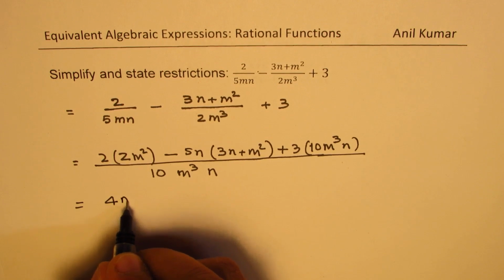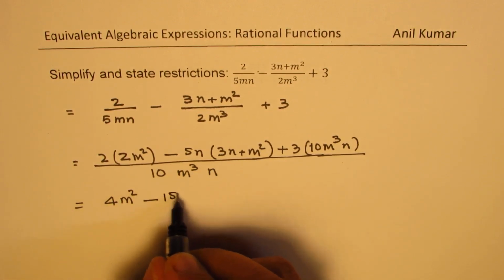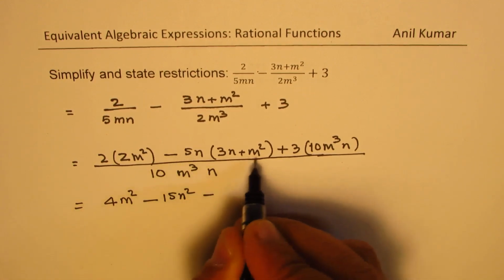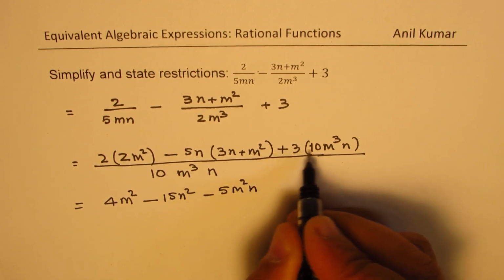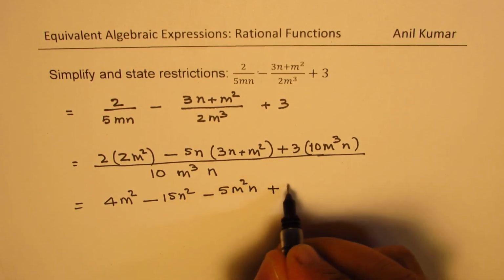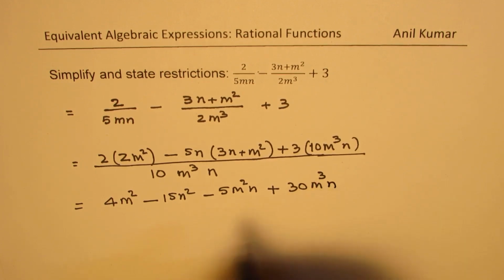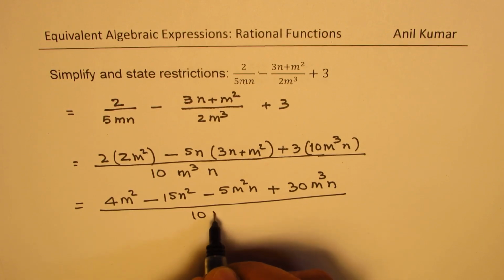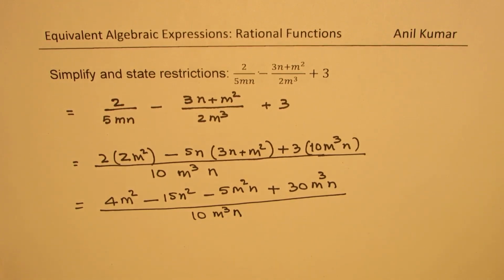So we get 4m square minus 5 times 3, 15n square. Change the sign. 5m square n, and then here we get plus 30 m cube n, right, over 10 m cube n. Is that correct? So that is how we could get our result.